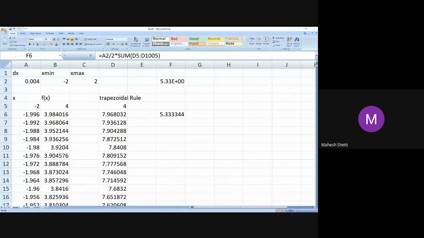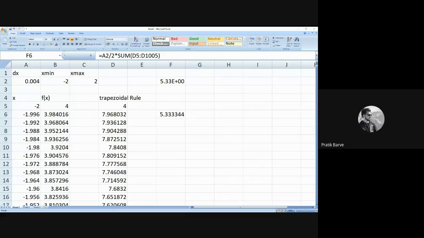Is this part clear? Yes, sir, one question. In the trapezoidal rule, D5 should be equal to B5. Yes, y0 and yn remain as they are. All intermediate values are doubled.